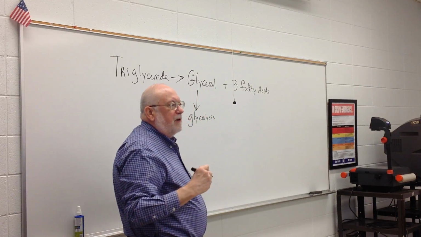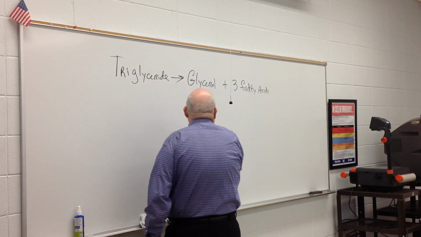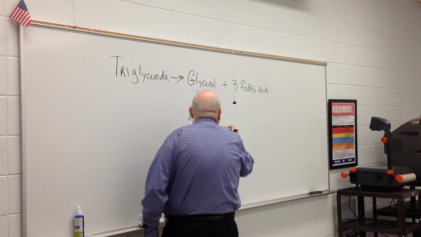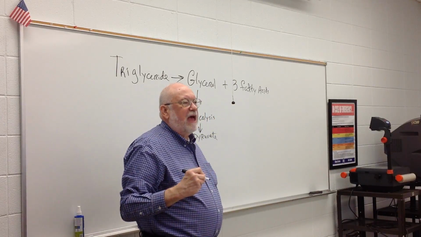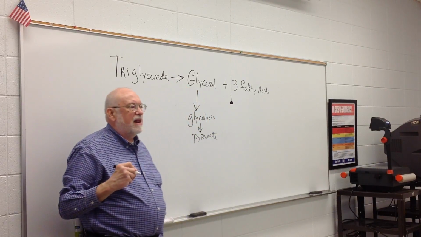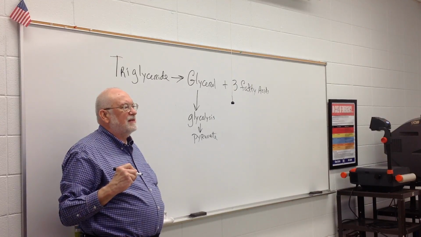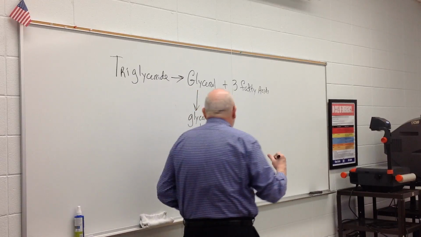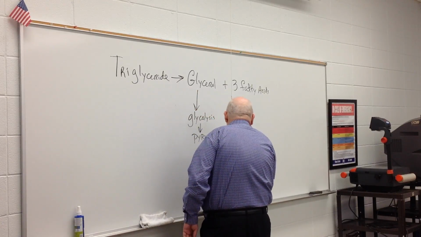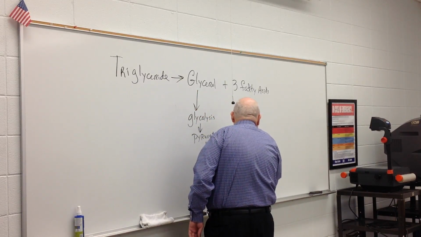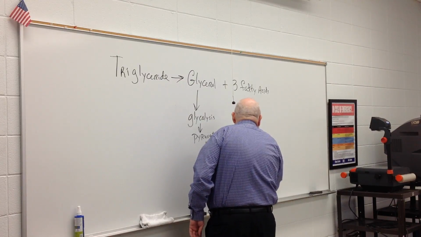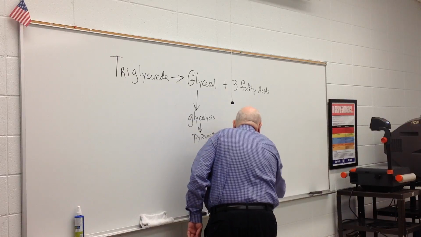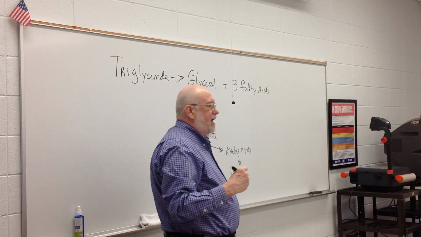So you can fit that one into glycolysis, and you can convert that into pyruvate. And then where does pyruvate typically go once you've got it in glycolysis? Into the Krebs cycle. All right, and of course, when that chugs around, out comes carbon dioxide and water and some energy in the form of ATP.